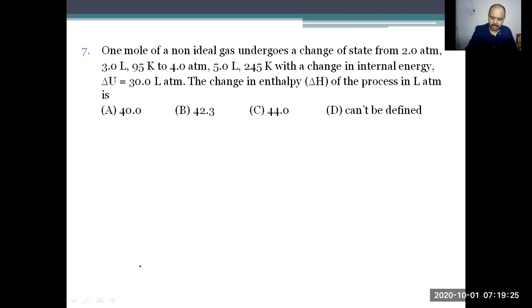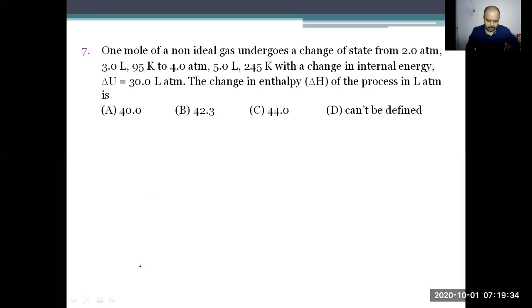Now let's see how many of you can work out, because there are 2 forms. I have given you the equation also which is to be used, but there is a little change required in the equation.